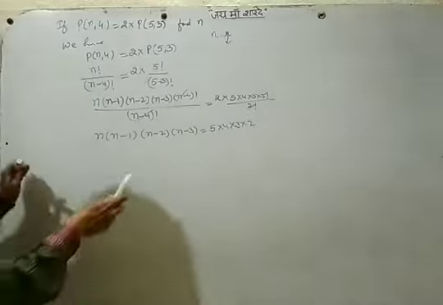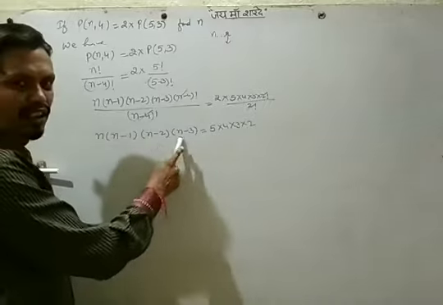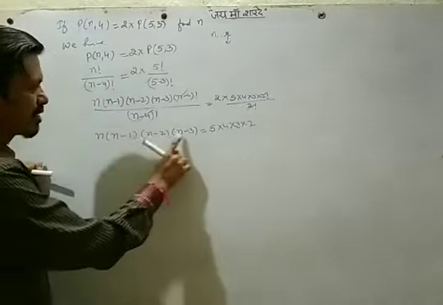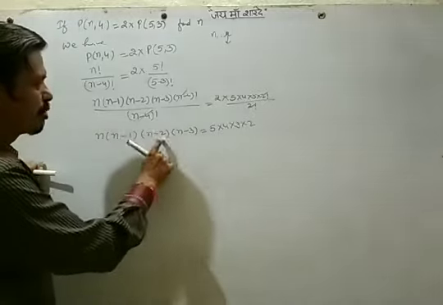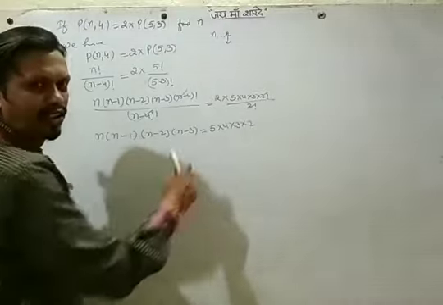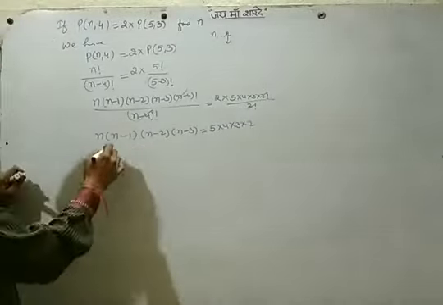So how to solve? Here we have n, n minus 1, n minus 2, n minus 3. Can I write the same pattern here? From the same number we are subtracting 0, 1, 2, 3. There are 4 terms here and 4 terms there.